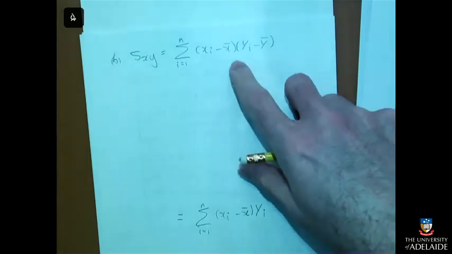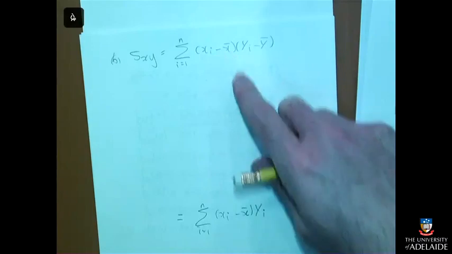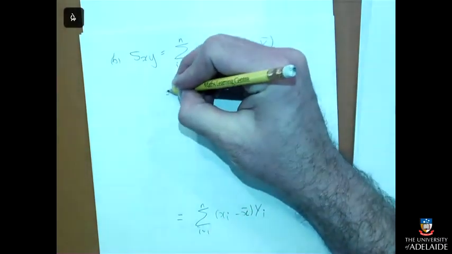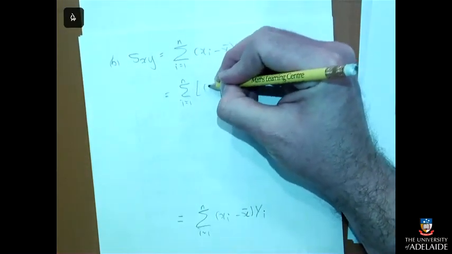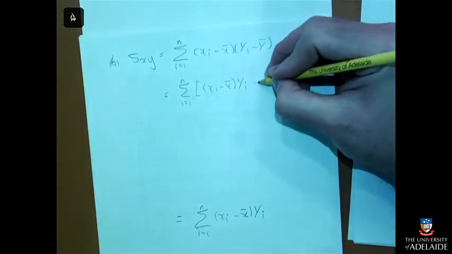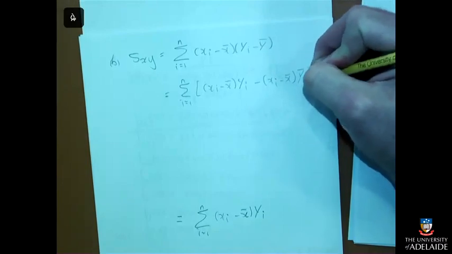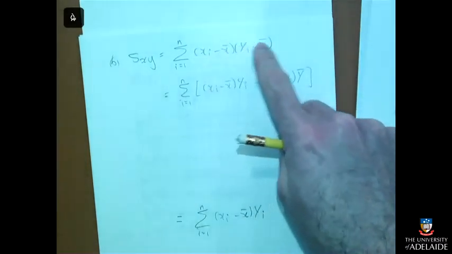But it seems to me that I shouldn't expand out xi minus x bar because it's still here at the end. So I reckon what I'm going to do is this, like that. So this thing gets multiplied by both of those.